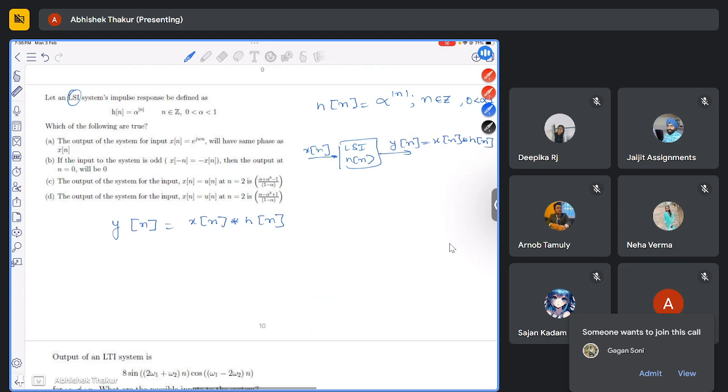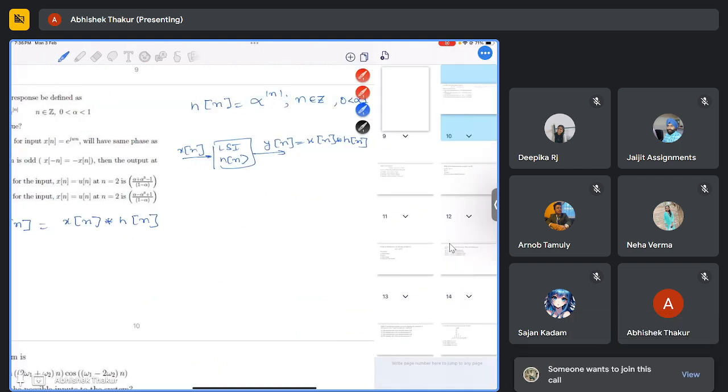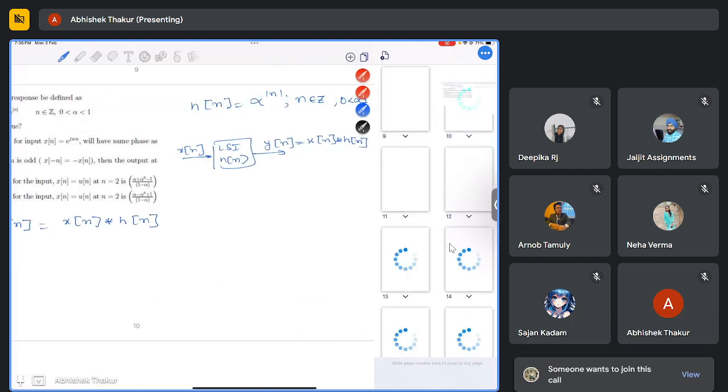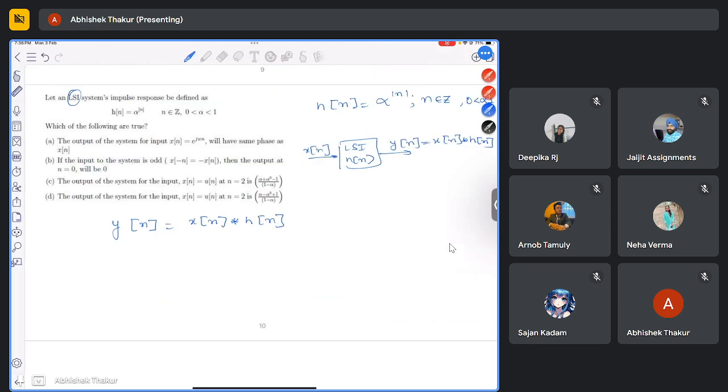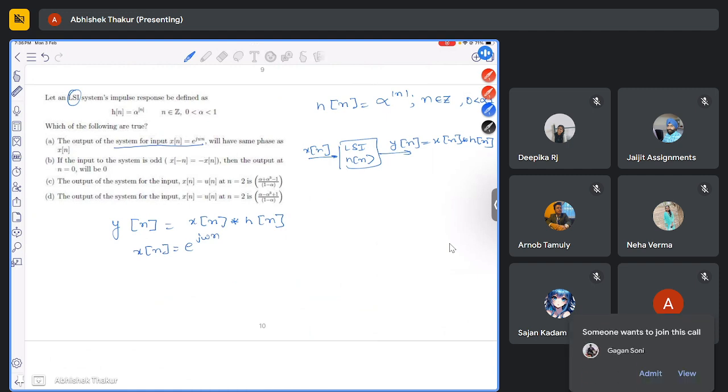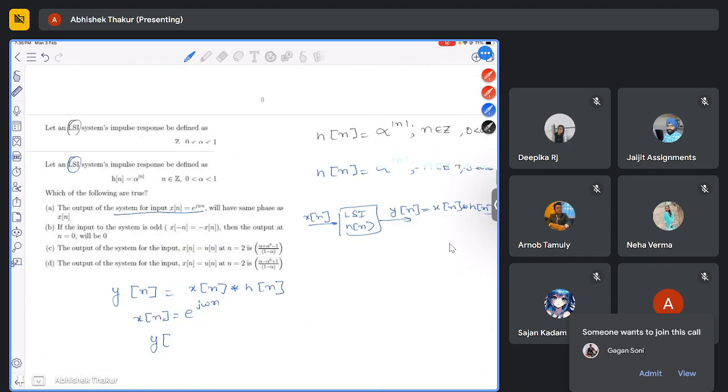Now option A asks the output of the system for input x of n equal to e to the power of j omega n. So our input is given. So we have to find the convolution of these two. So we know the equation of convolution.